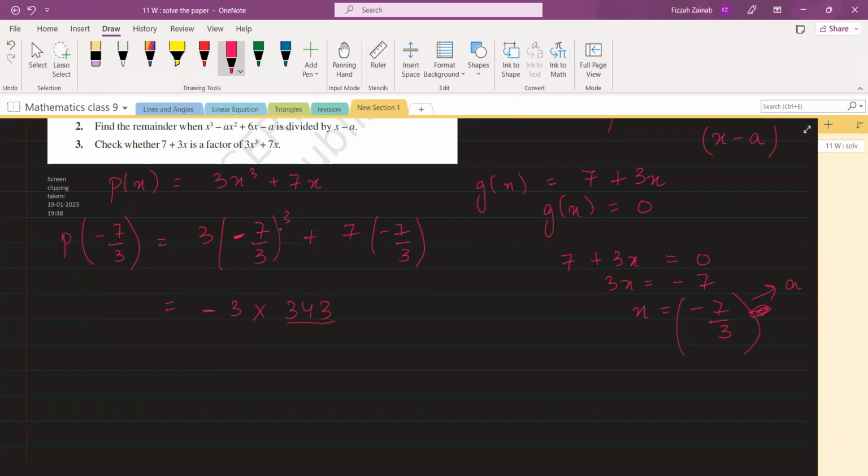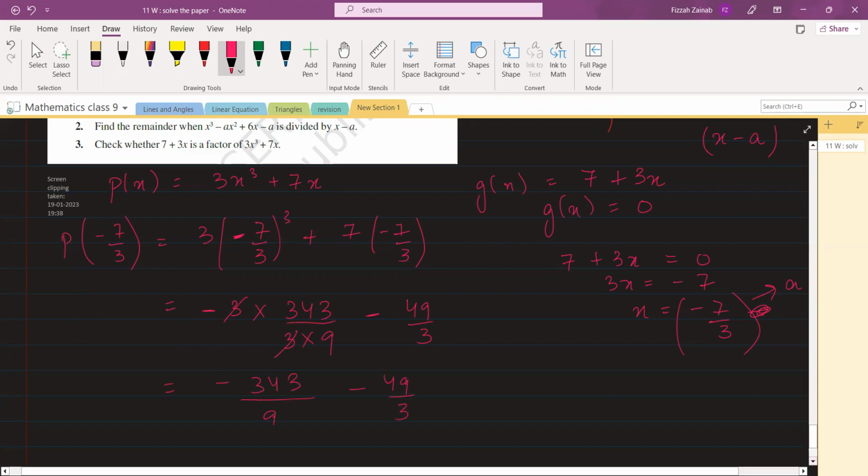And then 3 cube, so I can write it as 3 into 9 so that I can just cancel it. Now again, plus minus, minus 7 into 7 is 49 divided by 3. Is this clear? So now you are left with minus 343 divided by 9 and minus 49 divided by 3.